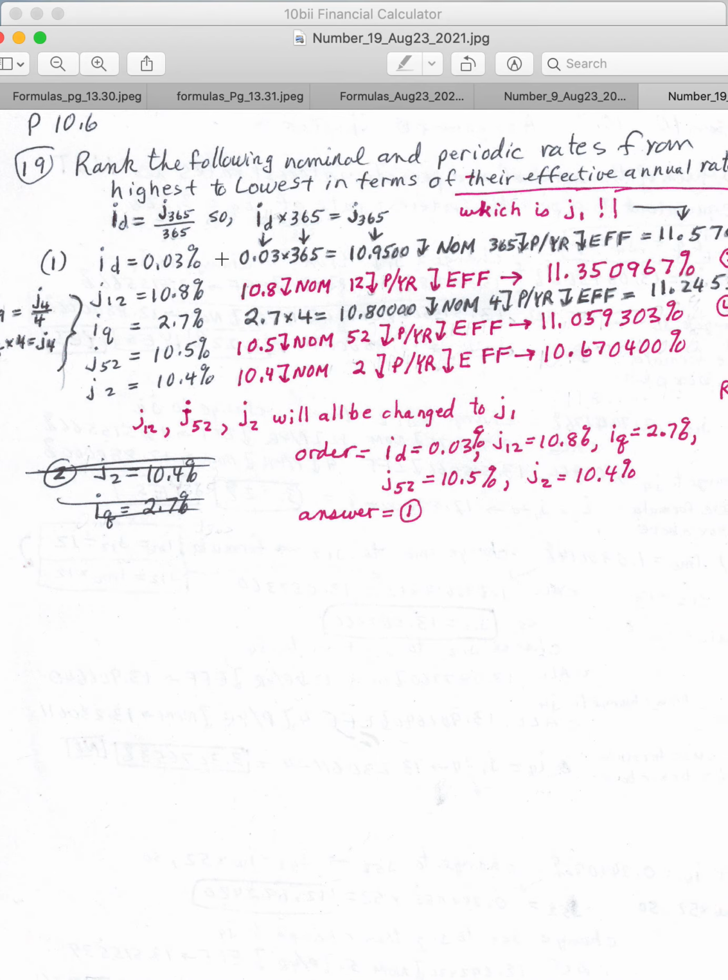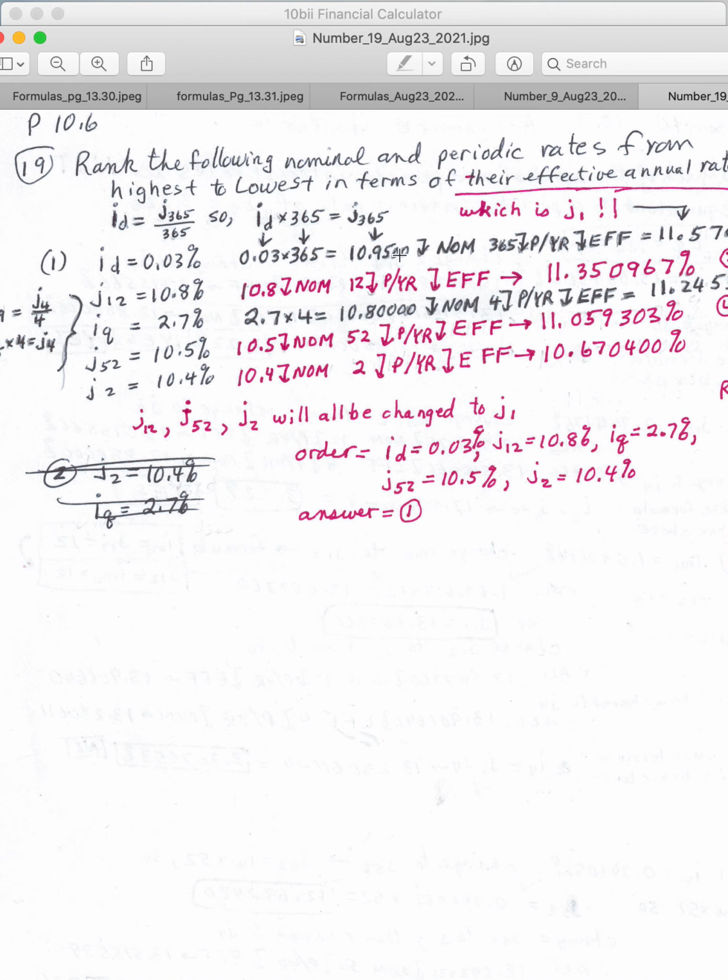I'll just briefly go through what I'm doing here. They give me interest per day as 0.03%. So because it's days, I multiply by 365 because there's that many days in a year. That gives me J365.